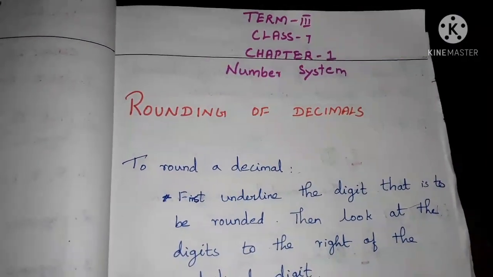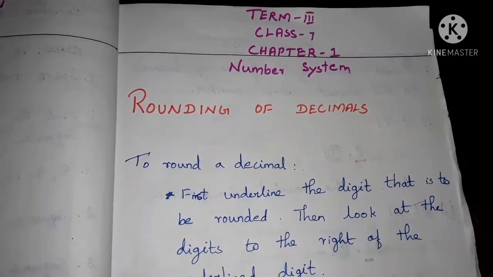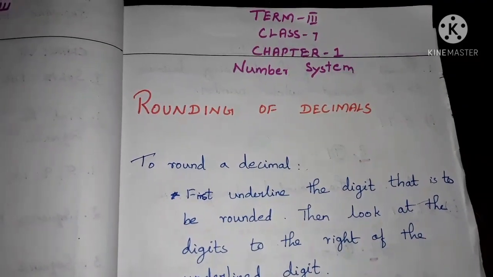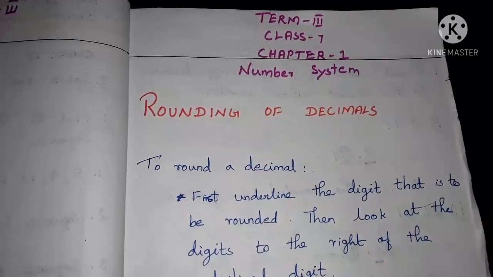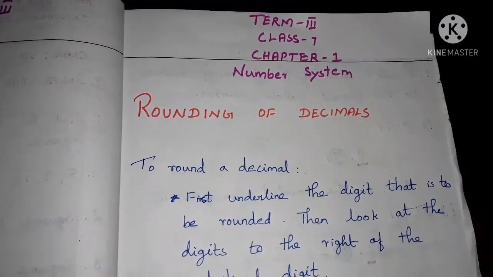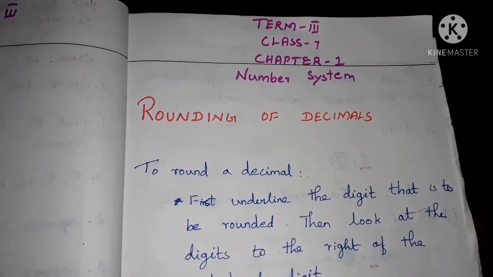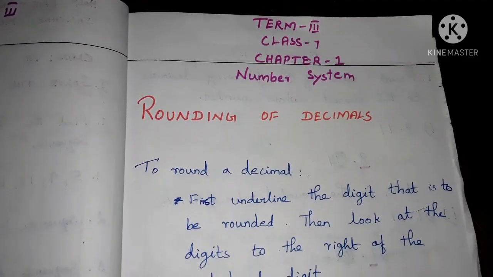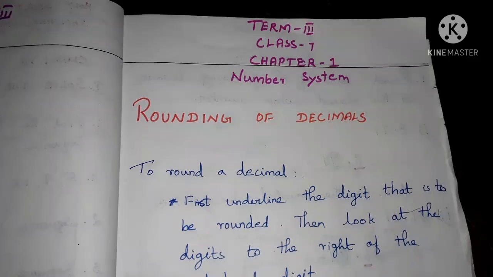Okay, so we go to the shop and buy vegetables. Maybe the tomato you are buying costs 15 rupees 50 paise. What you tell your mother is 15 rupees 50 paise, but if rounding off, I say it is 16 rupees.